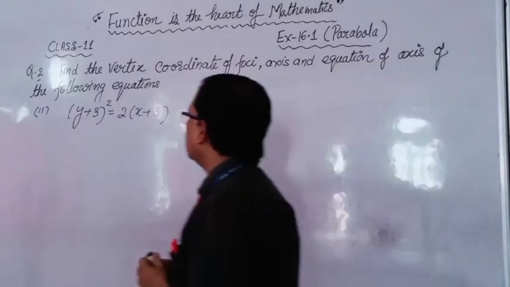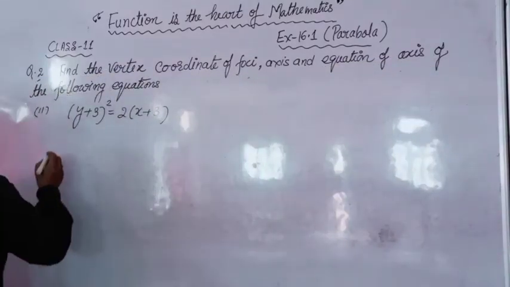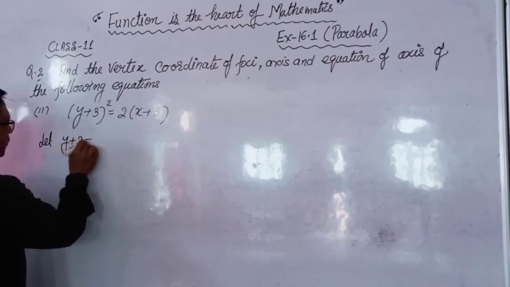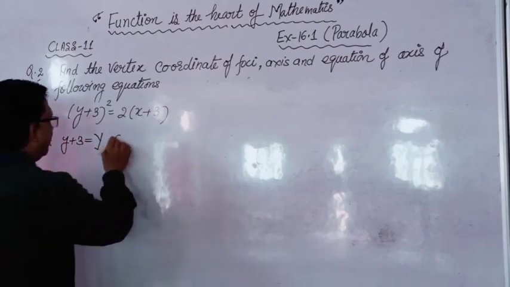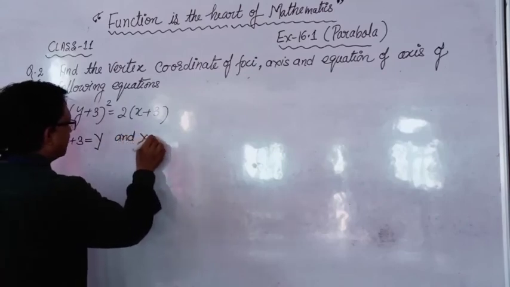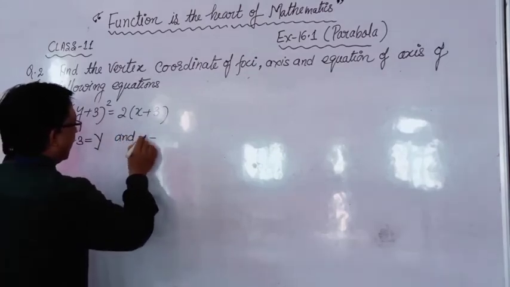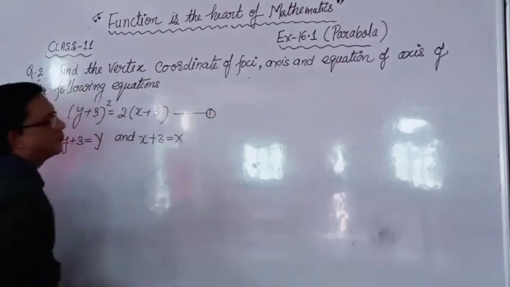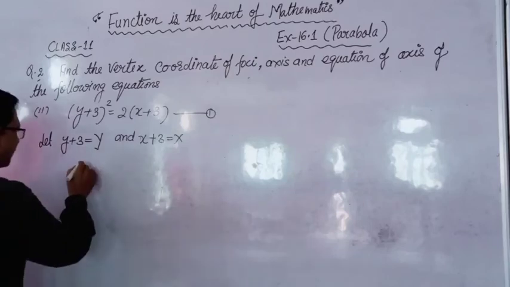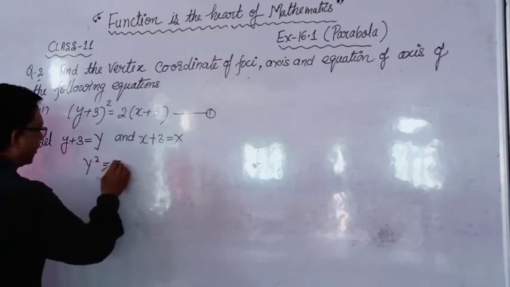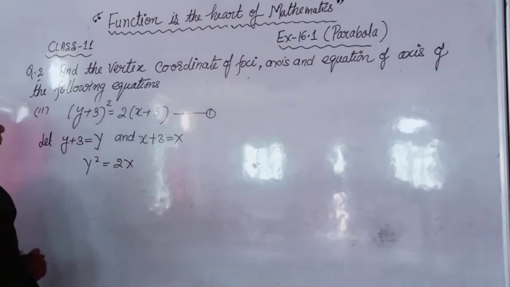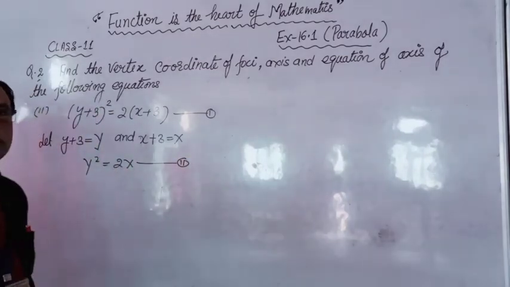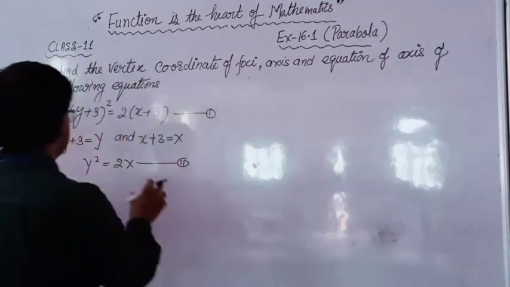So first we consider y plus 3 is equal to capital Y and x plus 3 is equal to capital X. This is your equation. So now our equation is converted into Y square is equal to 2X. This is your equation that we know what is vertex, focus and everything from this equation.